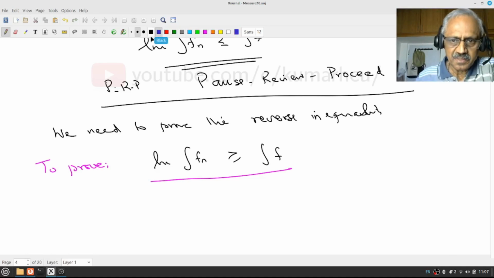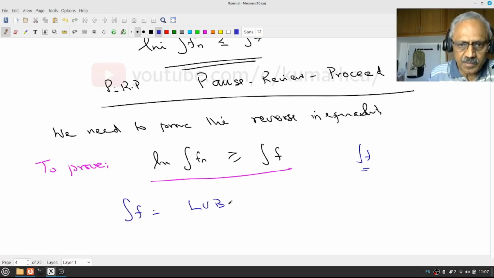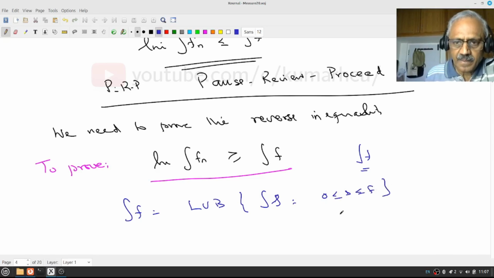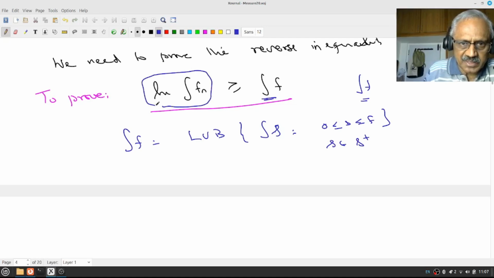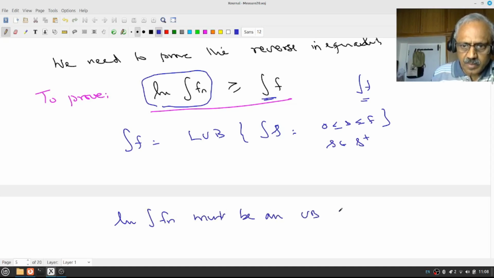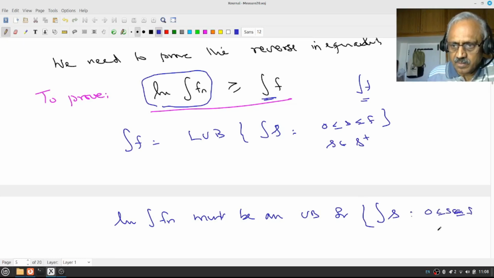Now comes the interesting thing. Remember, the integral of f we didn't define directly. The integral of f was defined as the LUB or supremum of the integral of s, where 0 is less than or equal to s less than or equal to f, and s is a simple function. If I want to show the limit is greater than or equal to the integral of f, that means this extended real number must be greater than or equal to the least upper bound. In particular, this limit of the integral of Fn must be an upper bound for the integral of s, for s with 0 less than or equal to s less than or equal to f.